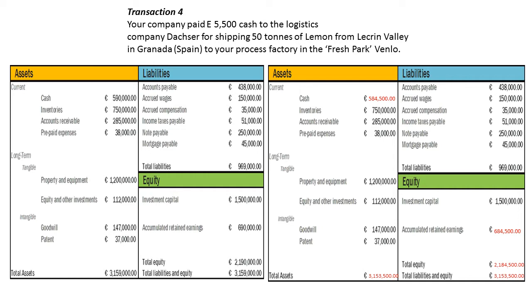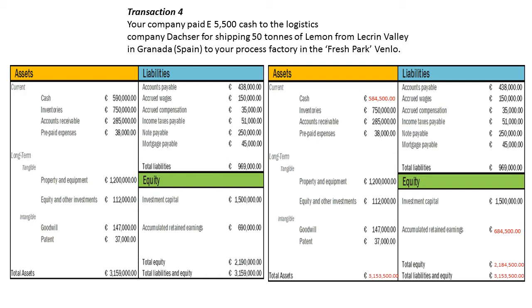So we have to subtract €5,500 cash from the cash part, which leaves us with the new total of €584,500.